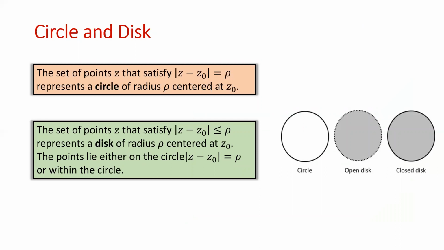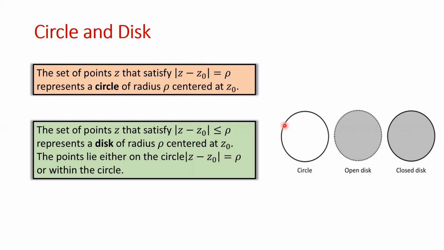So first comes the definition of a circle. The set of points Z that satisfy this equation, |Z - Z0| = rho, represents a circle of radius rho with center at Z0. This equation tells you that we are taking all those points whose distance from Z0 is equal to rho.